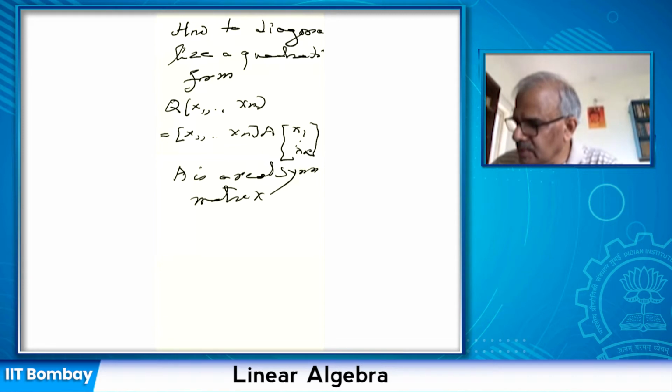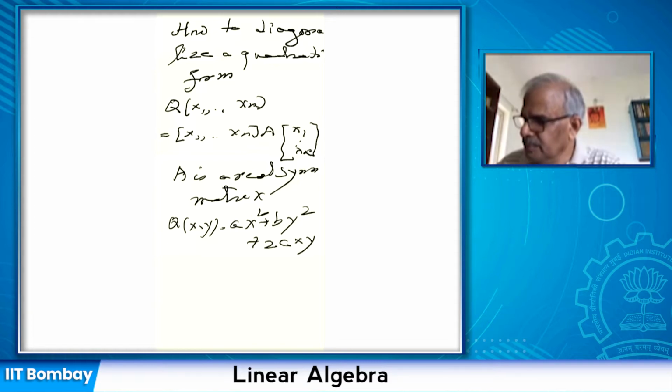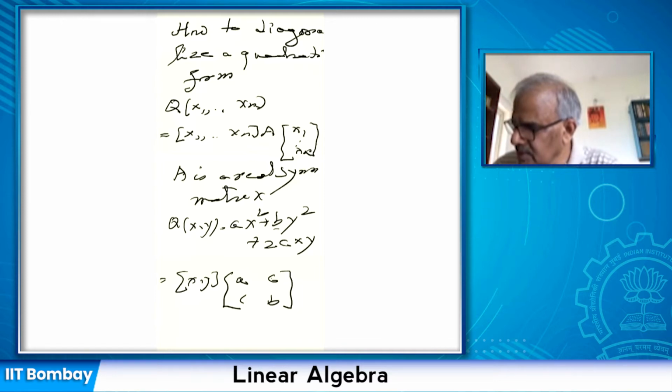So suppose that my quadratic form is in two variables, x and y, and this is equal to ax² + by² + 2cxy. Then we can write this as (x y) times the symmetric matrix with a, c in the first row and c, b in the second, times (x y). And we do a similar thing in n dimensions.